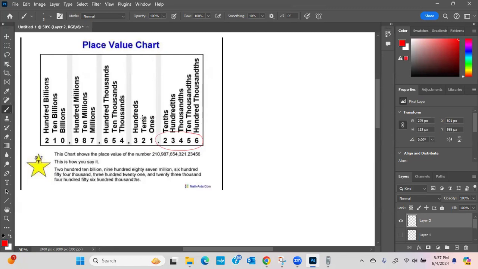Now let's look at their names. Notice we don't have a ones place. We have a ones place, but not a once place. We start with tenths, but I also want you to notice that all of these numbers to the right and in THS, that right there tells me that this is to the right of the decimal.